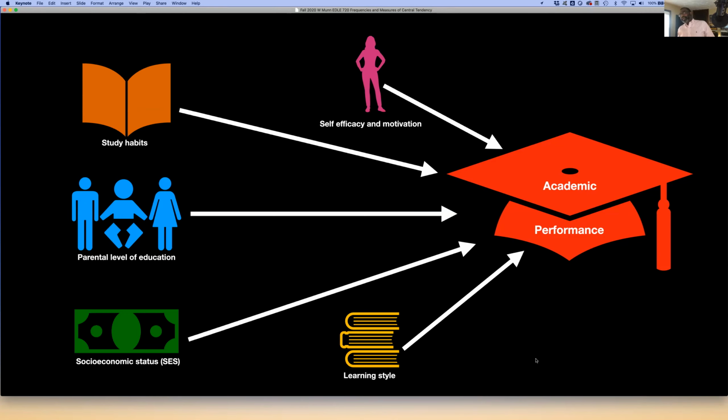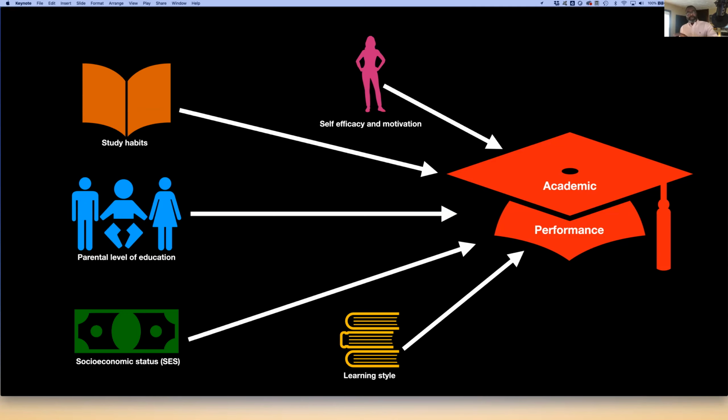So if we were able to quantify all of these in a data set and in a certain model, we would likely use something like multiple regression to see how much of an impact parental level of education has relative to socioeconomic status, relative to learning style, and the rest of the variables in this model, and what kind of impact they have on academic performance. And that's what you would call a beta coefficient. We'll get to that much later, near the end of the course.